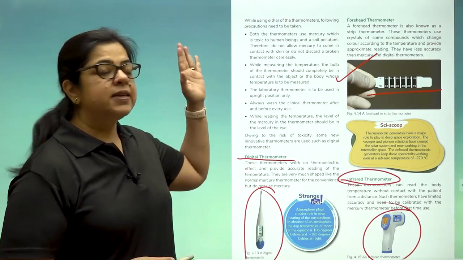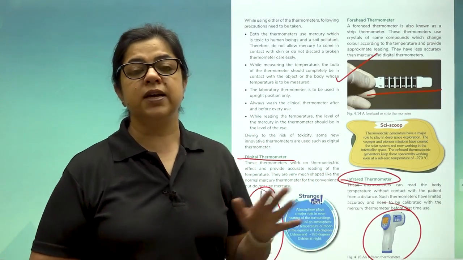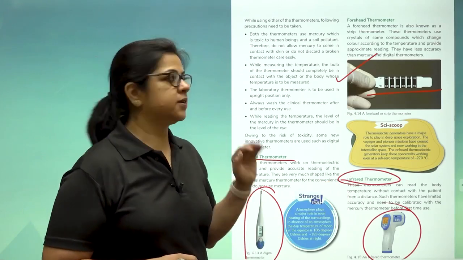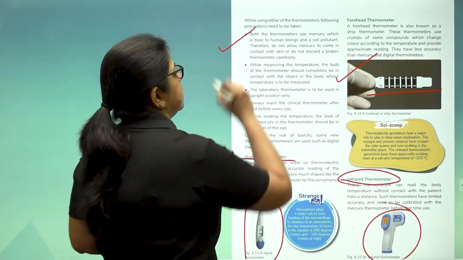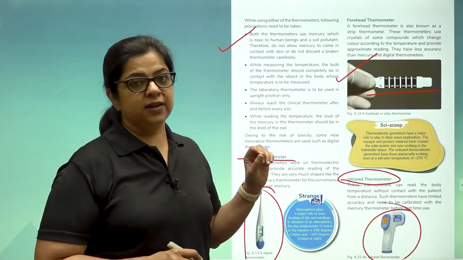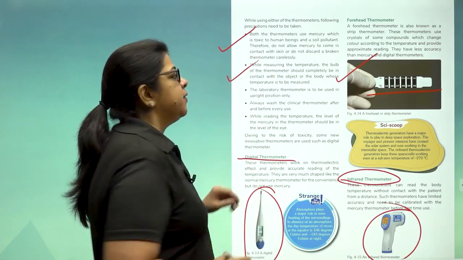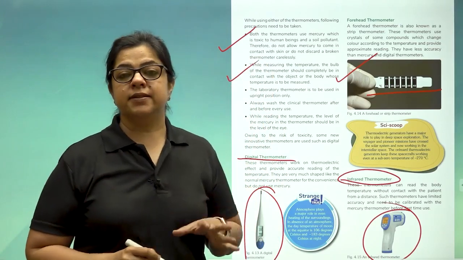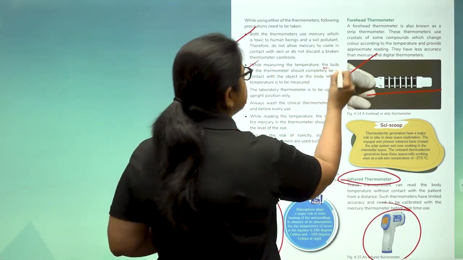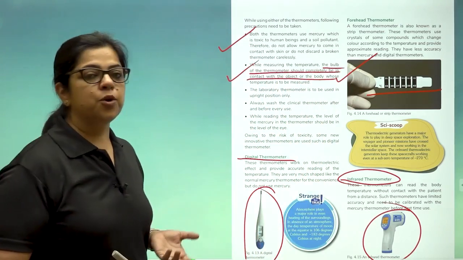So children, some of the precautions that we should take while using digital or clinical thermometers are, as I said, mercury in these thermometers is very toxic, so we have to handle them with a lot of care. We have to understand that while measuring the temperature, the bulb of the thermometer should be completely in contact with the object or the body.